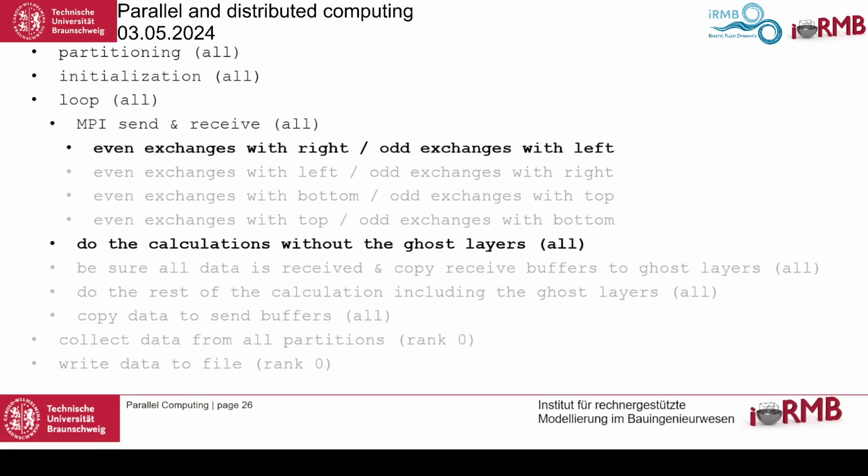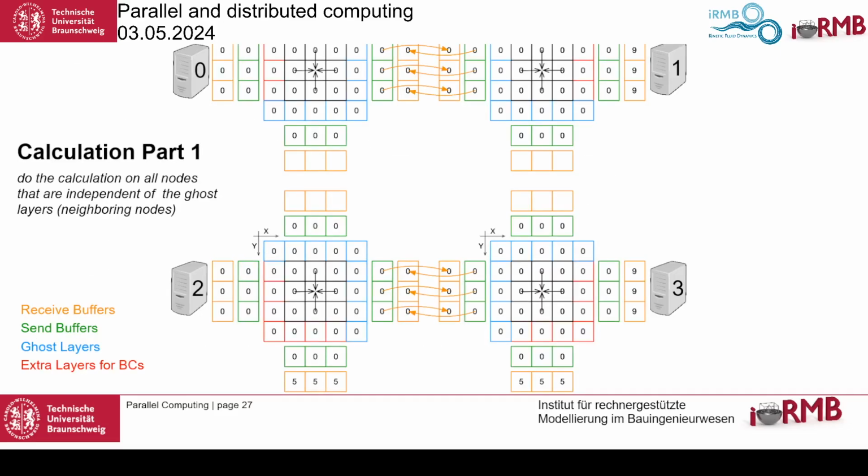Then you do the loop over everything. You do the MPI send and receive with the even exchange with the right and the odd exchange with the left, or the other way around, of course. So you distinguish between even and odd, send and receive. Okay.